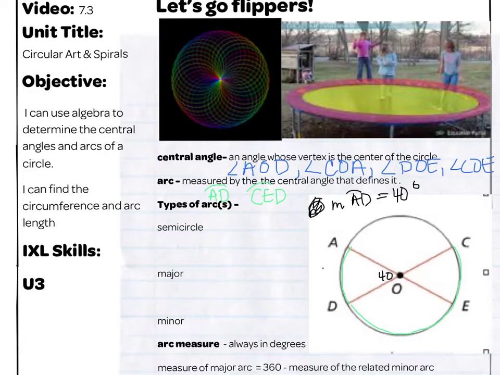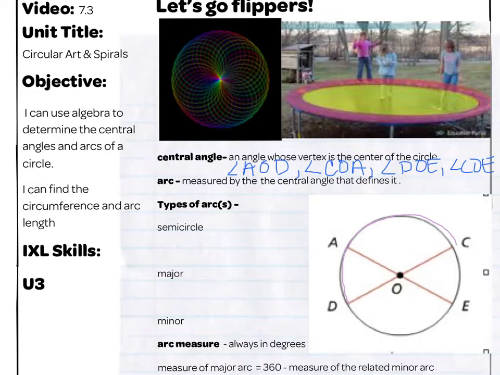Now, there are three types of arcs. One of them you're going to recognize since kindergarten, and that's the semicircle arc. So let's go with purple for that. Identify some semicircle arcs. The semicircle arc I want to identify first is going to be DAC, and that's because DC is a diameter.